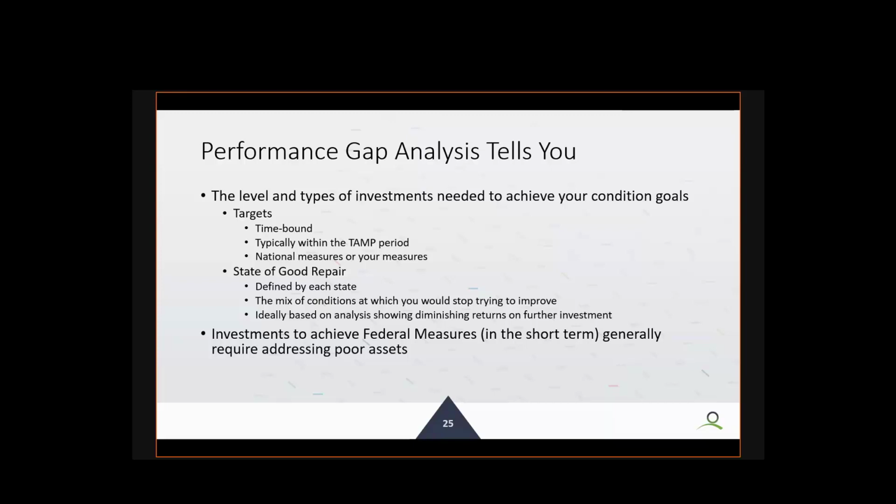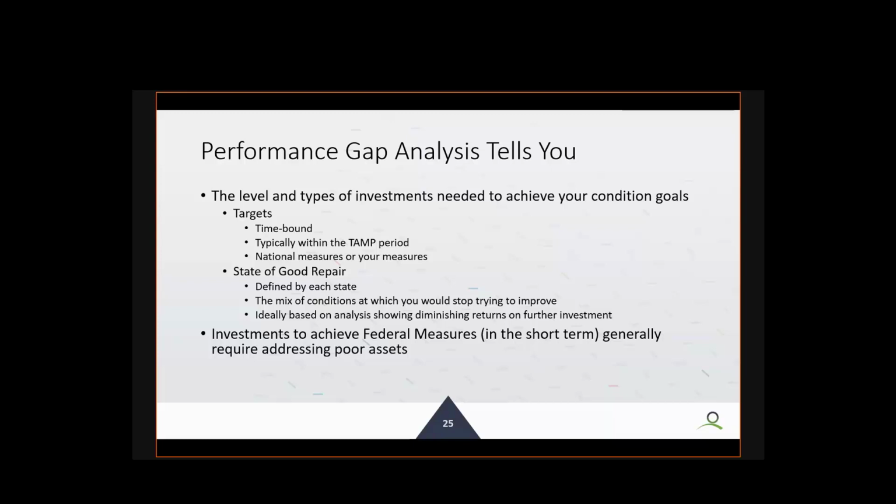But there's also a real cost to having a lot of poor pavements and bridges. So what's the mix of conditions that allows you to deliver the services that you need to, but provides you with the lowest practical life cycle costs, if you want to think of it that way? What are the lowest long-term costs to give you the best manageable conditions?